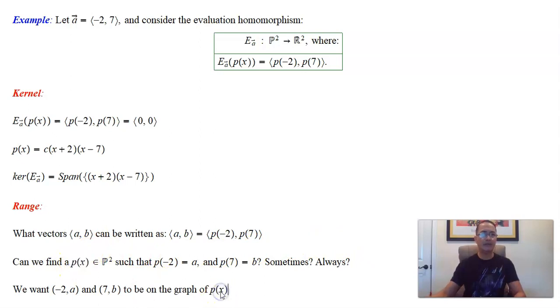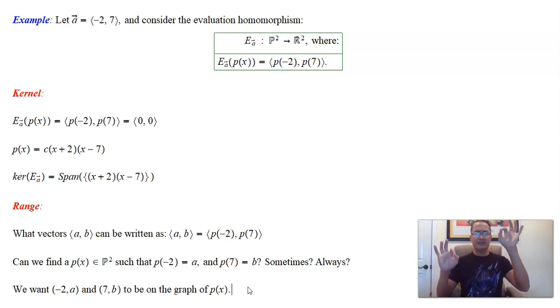We thought about graphs in the kernel problem, because 0 represents a root. -2 has to be a root and 7 has to be a root for the same polynomial. That forced that polynomial to be a multiple of x plus 2 times x minus 7. Now what about these two conditions? We want these 2 points to be on the graph.